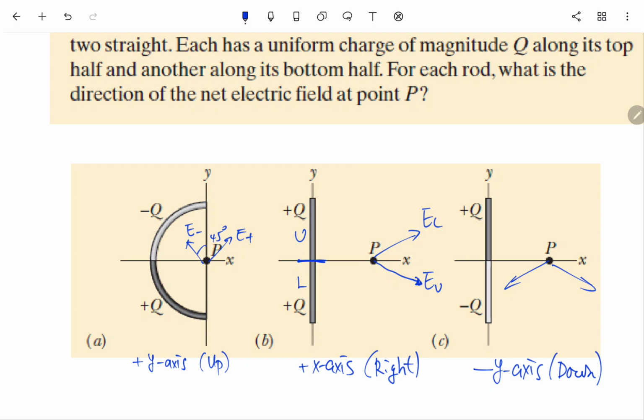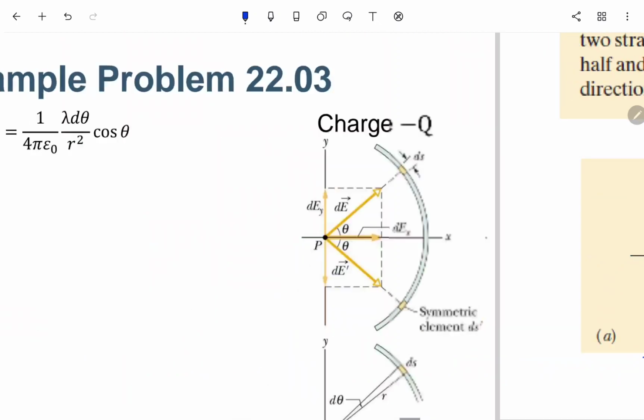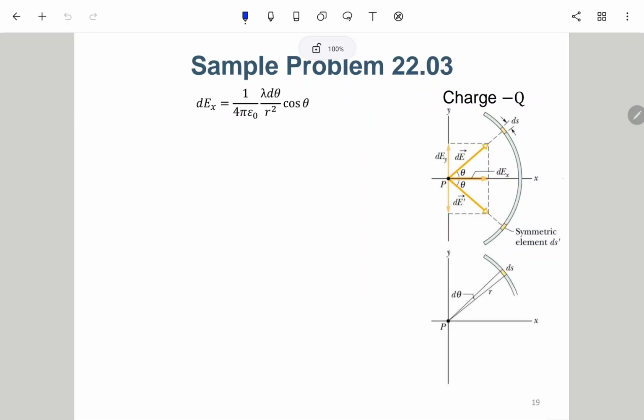So this is a quick checkpoint to let you get familiar with how to do the component cancellation, because it is an important step. It will simplify some of the calculation. For example, for this one, if you need to calculate the y-axis component, of course using the symmetry you should know dEy will be 0 at the end.